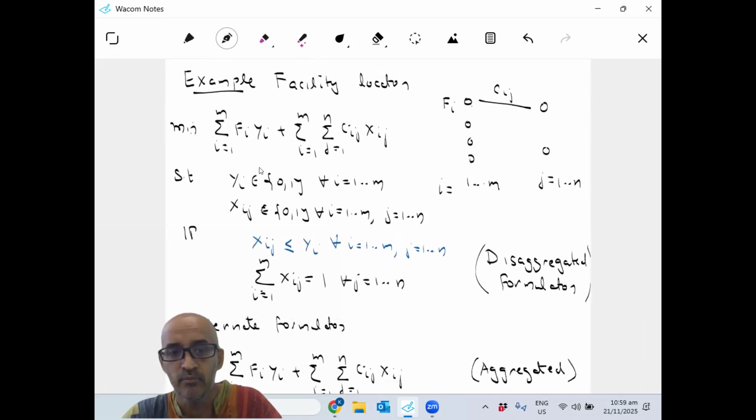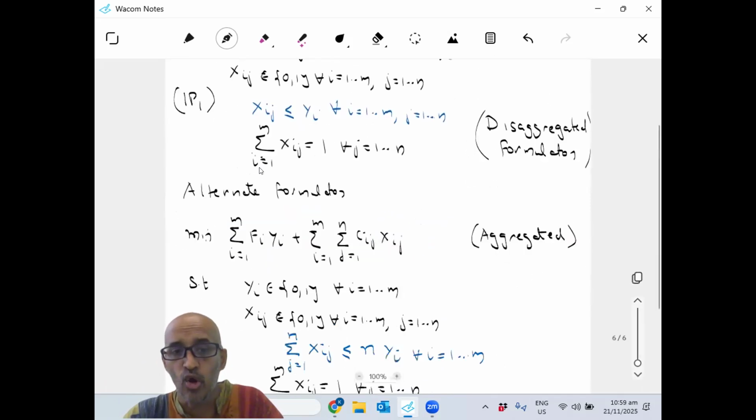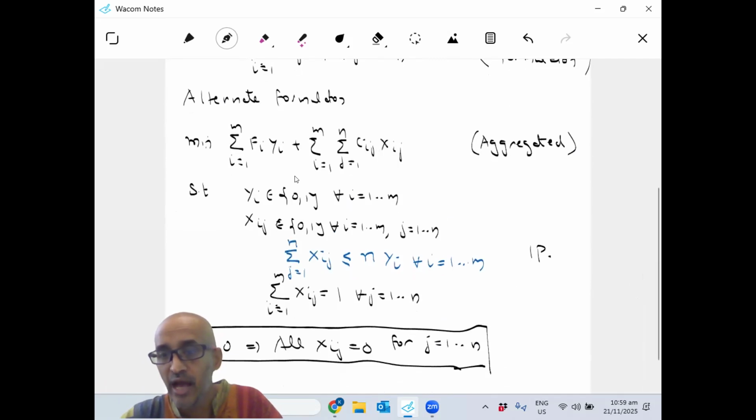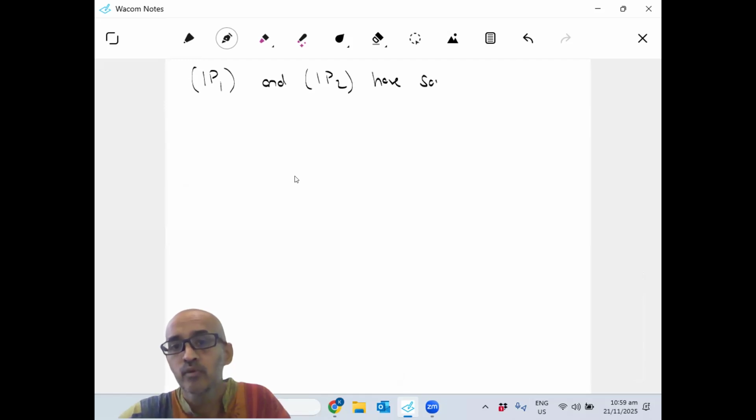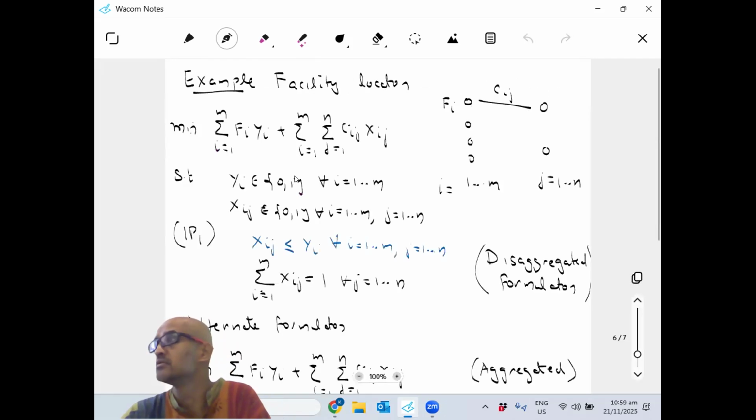So I can call this IP1 and I can call this IP2. IP1 and IP2 have the same feasible region. Is that clear?